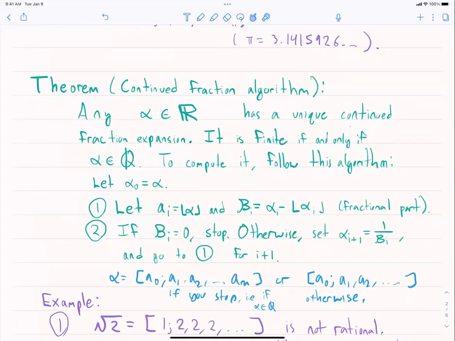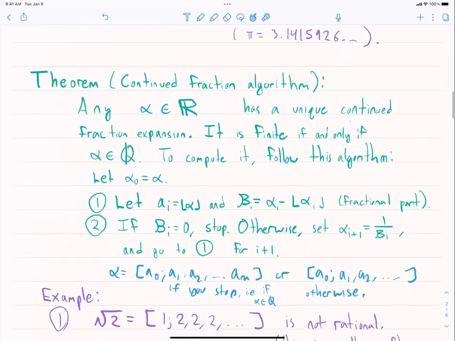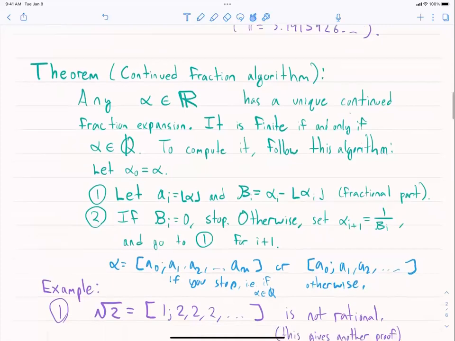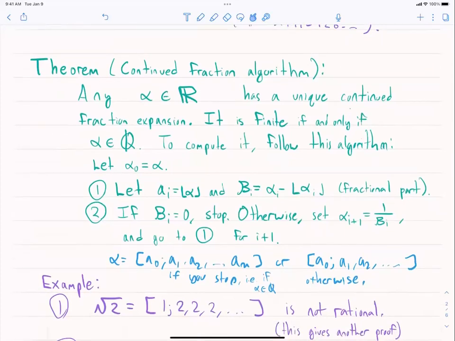Okay, so I'll run this algorithm in a second, with this 60 over 22 that we already did in class. But I want to point out that if you look at square root of 2, by the way, if you didn't finish this in class, you should take a moment now and try to justify for yourself that this is the continued fraction for square root of 2. If you believe this theorem, then this gives you another proof that square root of 2 is not rational, because this is an infinite continued fraction expansion, so it never stops.